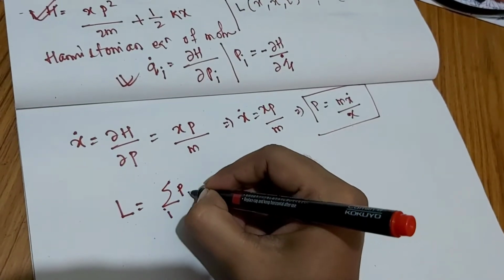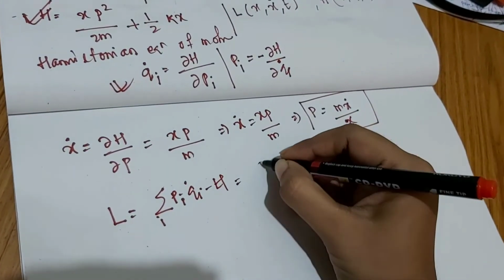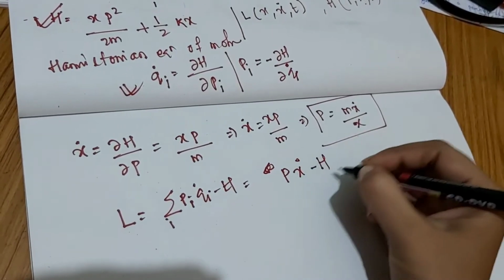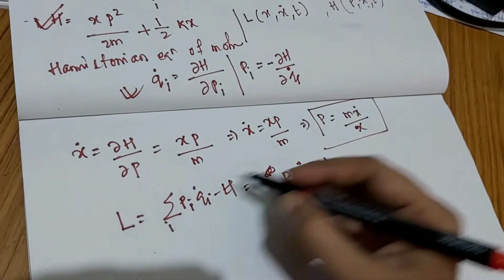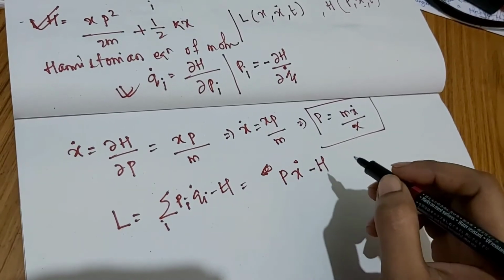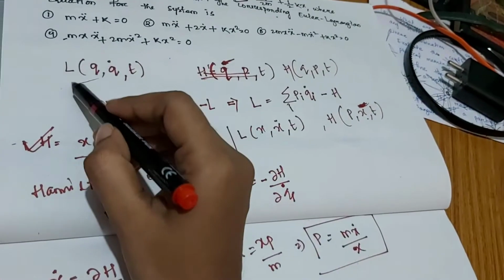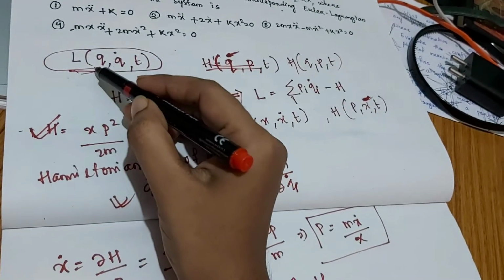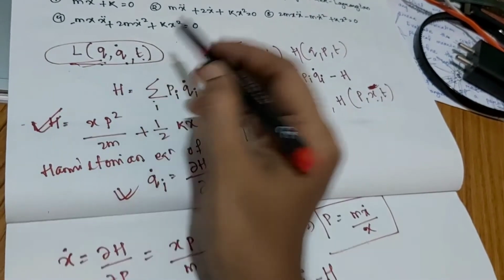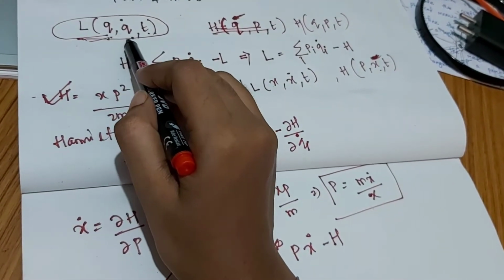L is p_i q_i dot minus H, and here there is only one term, p x dot minus H. Since L is only a function of x, x dot and t, and there is no p in L, we have to express L in terms of x, x dot and t.